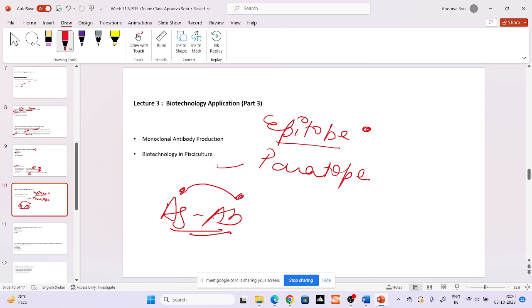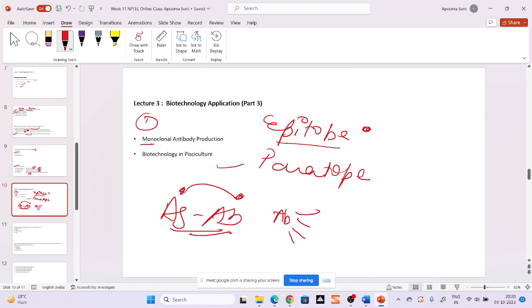Meaning it is not specific. If one antibody can bind to three different antigens, then how can you say that this antibody is specific? A monoclonal antibody is specific to one particular antigen. That is your monoclonal antibody; mono means it is specific to just one antigen, whereas a polyclonal antibody is specific to many antigens.